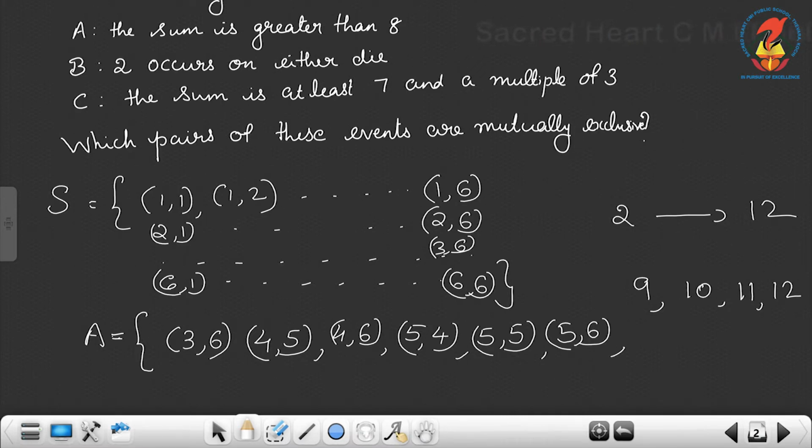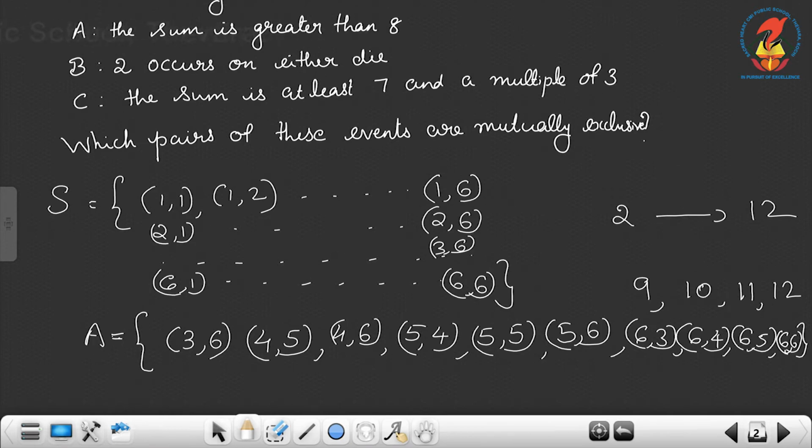Now in the last row, 6, 1 we can take, 6, 2, 6, 3 onwards. That is 6, 3, 6, 4, 6, 5 and 6, 6. So this is event A.